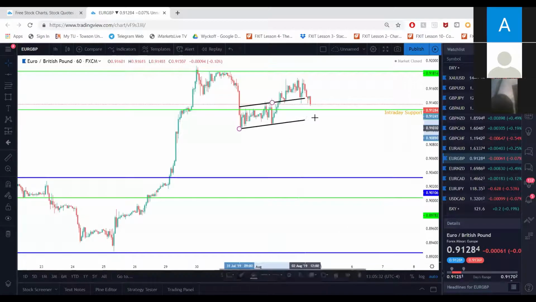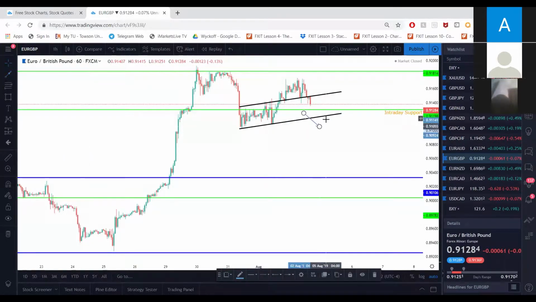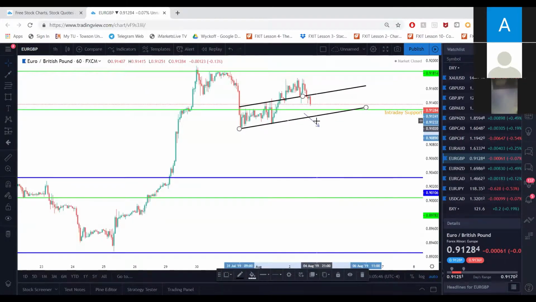Oh, not so much. See it break the channel, retested, came back up. So I personally wouldn't trade this until it breaks below here and then gives us a retest maybe into this intraday support, and then it's going to be a nice sell, 100 plus pips. But you see this, like, what the hell is this?